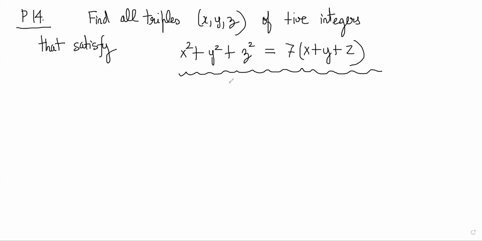So the hint that I will tell you here is, again, try to write it as sum of squares. You will realize that it is difficult to do that right away, because you have 7x, 7y, 7z.